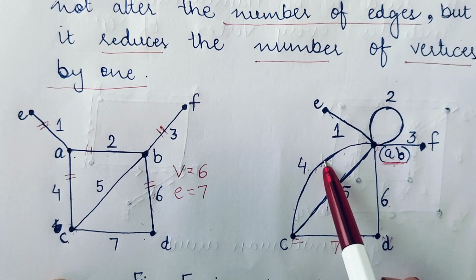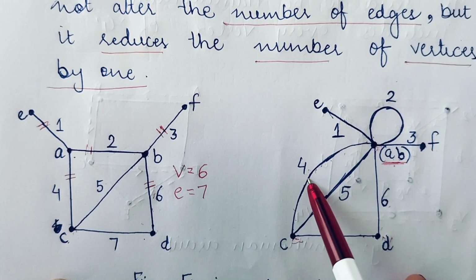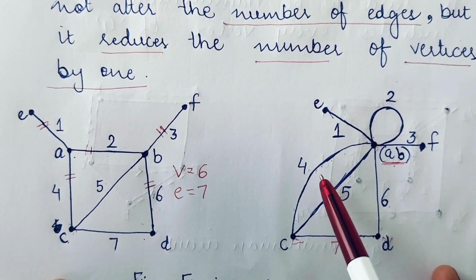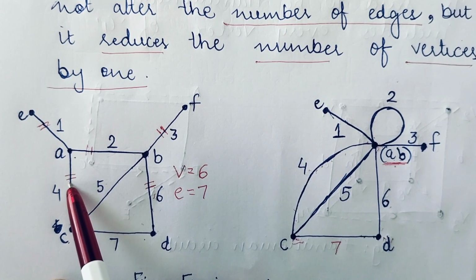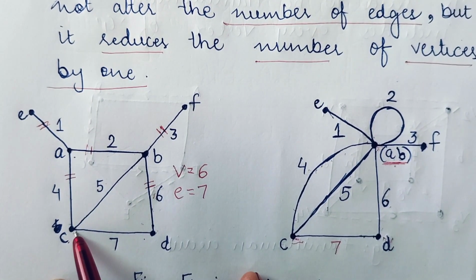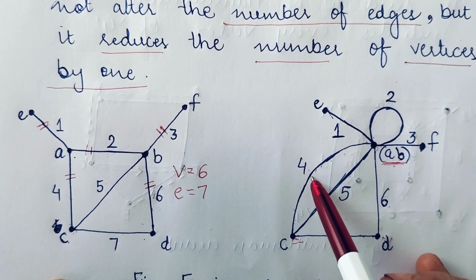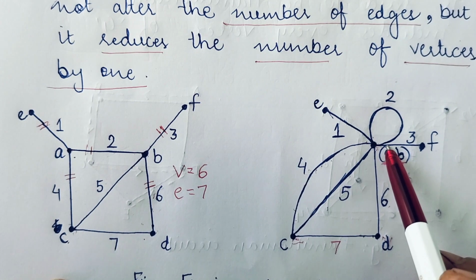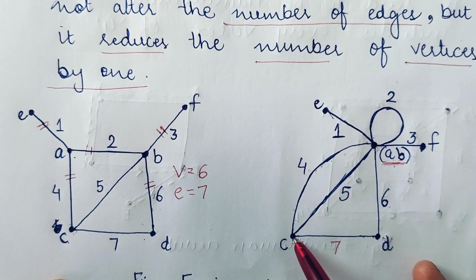As I told in my very first video, the shape and size of the edges do not matter. What matters is the incidence between the edges and the vertices. So in the original graph, edge 4 was incident on vertex A and C, and in the graph after fusion also edge 4 is incident on the fused vertex AB and C, right?